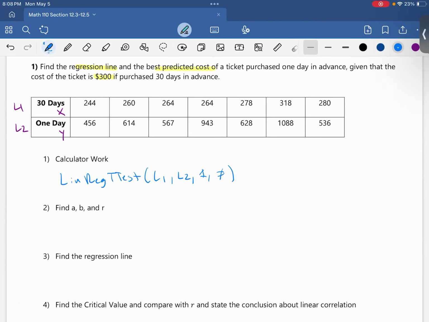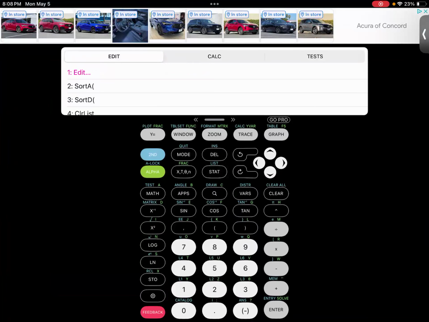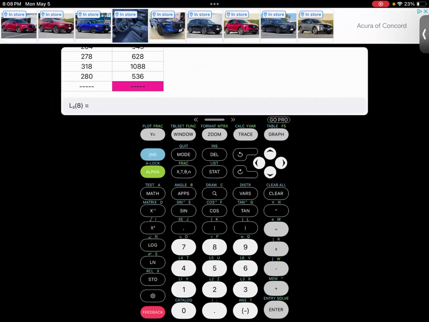Okay, so let's go ahead and find A, B, and R and form a regression line. So let's go to our calculator. You want to make sure you enter the data into your list one and list two, as I did here. So pause the video and try that out.